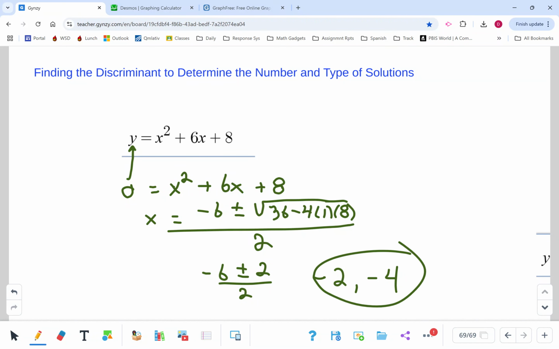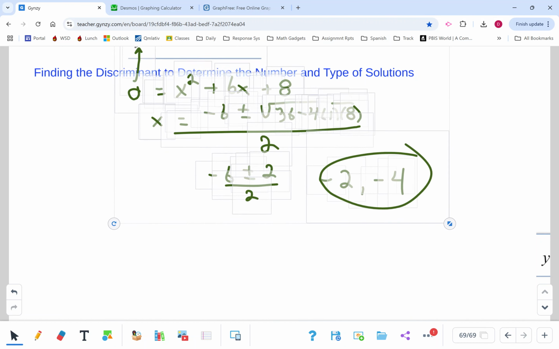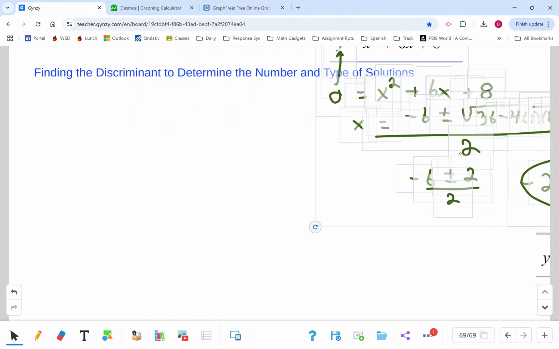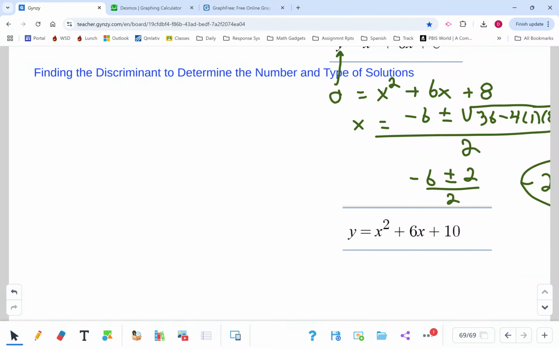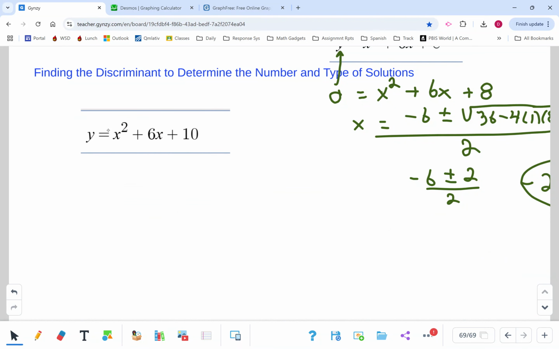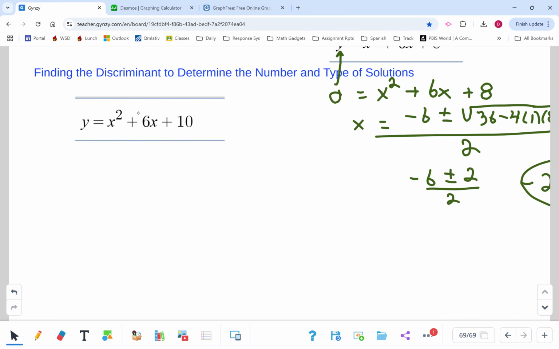Well, I want to look at another equation and do the same kind of thing. So I'm going to grab all this stuff and get it out of the way, put it over here for a bit. I want to grab this equation right here, and we're going to do the same thing and solve for x.